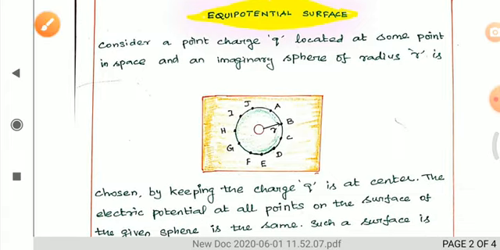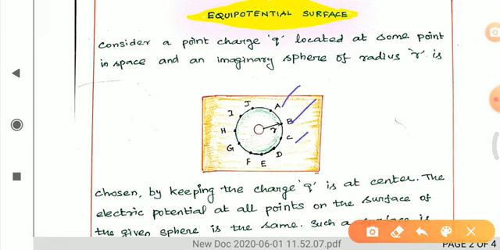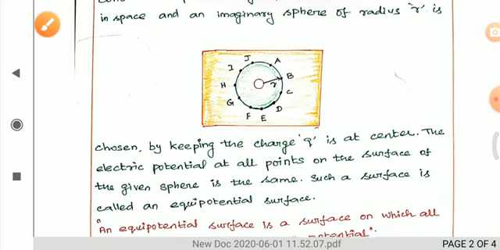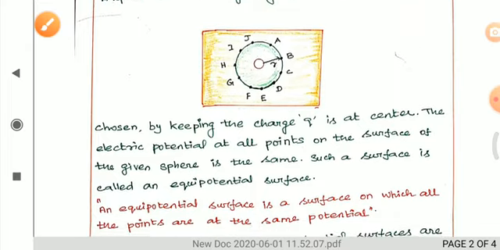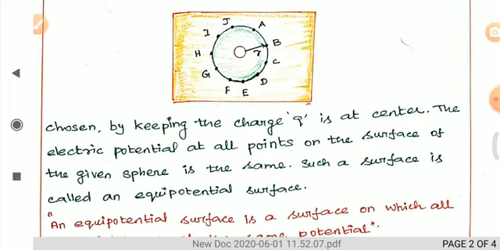In this diagram there are 10 points we are considering, a to j. Now, by keeping the charge q at the center, the electric potential at all the points on the surface of the given sphere is the same.